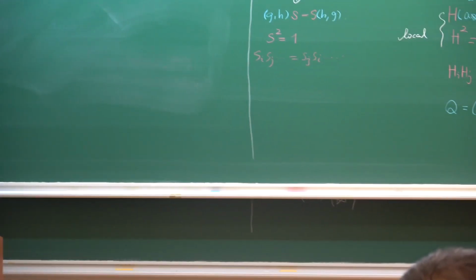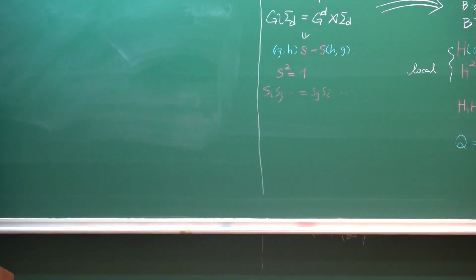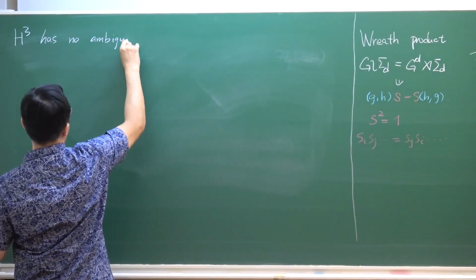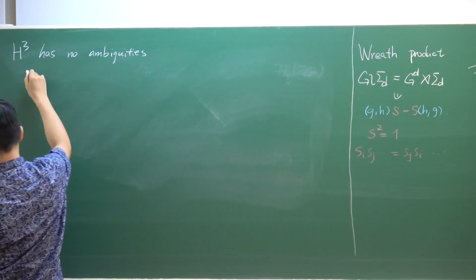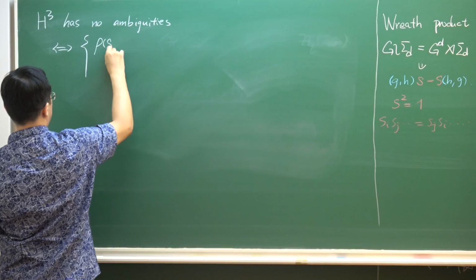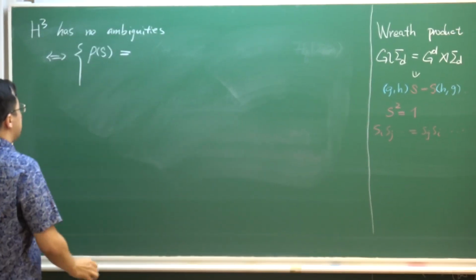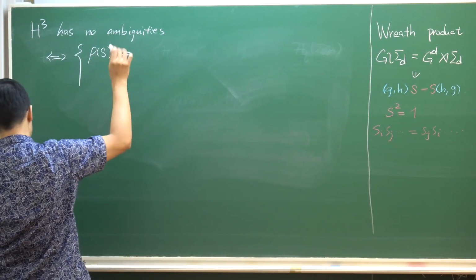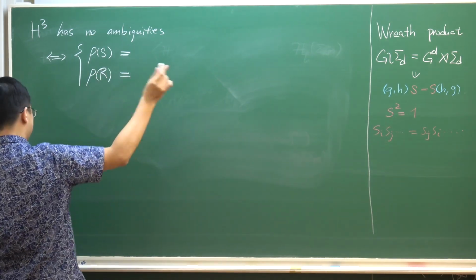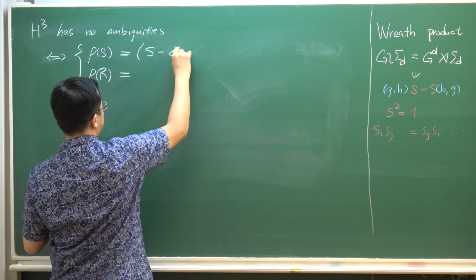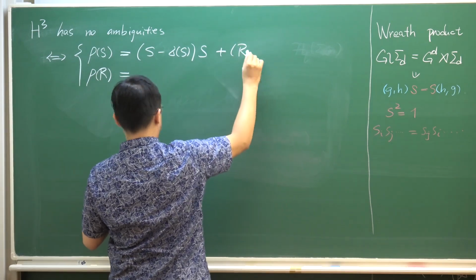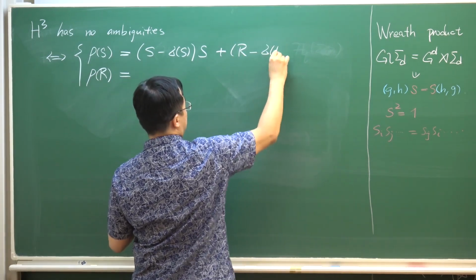Okay, so this one has no ambiguities if and only if you have the interaction between sigma and rho, sigma and rhos and SR, which are rather nice. So the difference between these measures the sigma map.